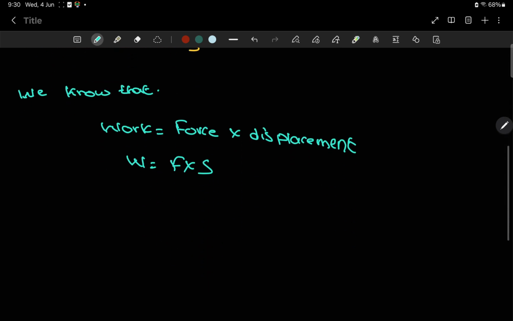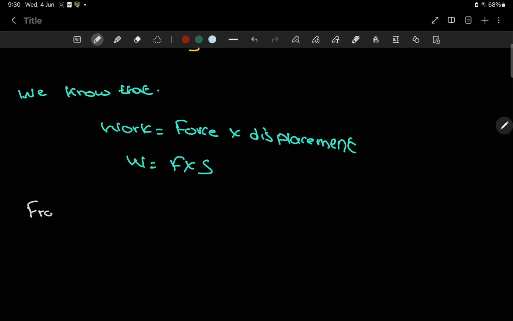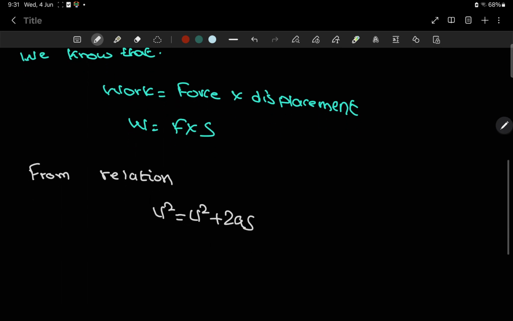Now from the relation V square is equal to U square plus 2AS, we have learned this equation, right? It is one of the laws of motion.